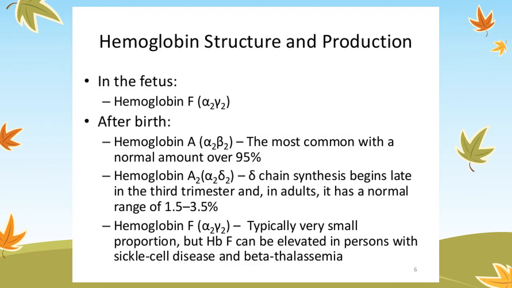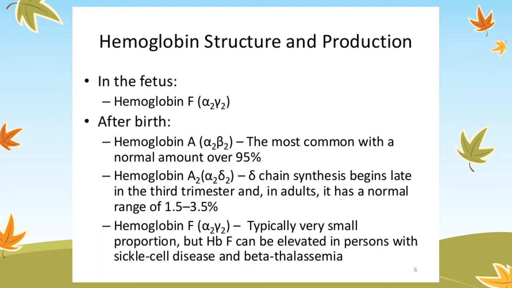We do have adults with hemoglobin F, and this is not normal. Hemoglobin F is not as efficient as hemoglobin A in carrying oxygen, but it has a higher affinity towards oxygen compared to hemoglobin A, which is why it is best in the fetus, because the fetus has to fight over the mother's oxygen.